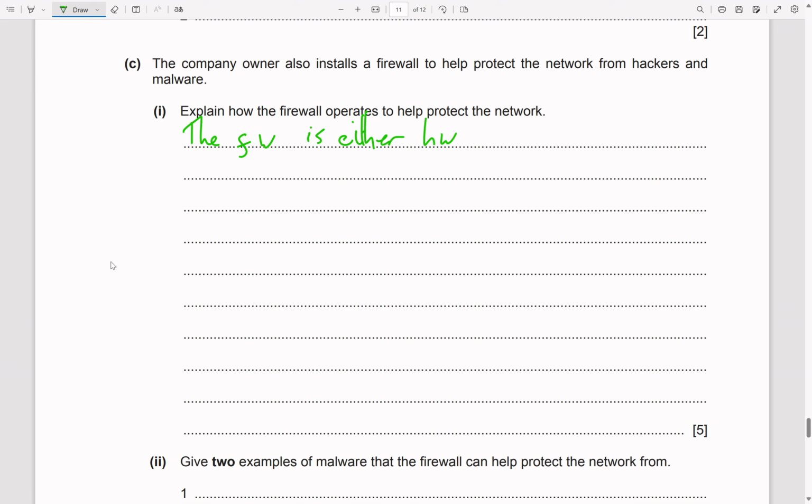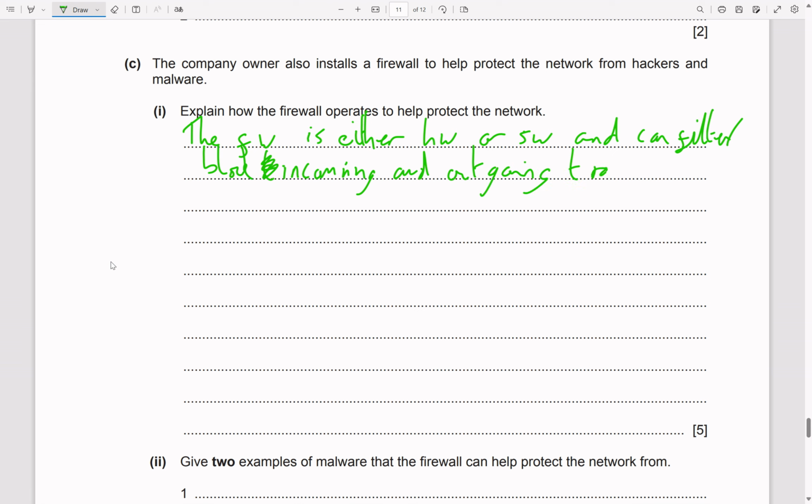And it can filter or block incoming and outgoing traffic, because we want to be specific, based on certain criteria.